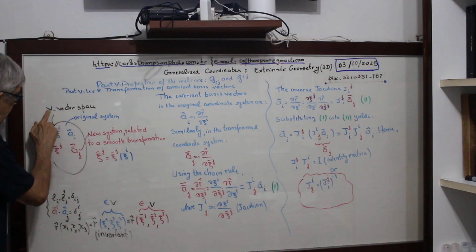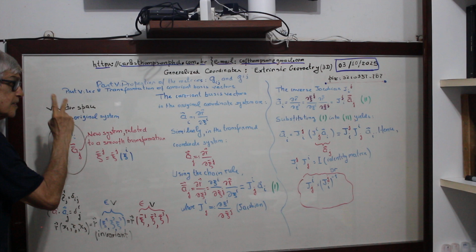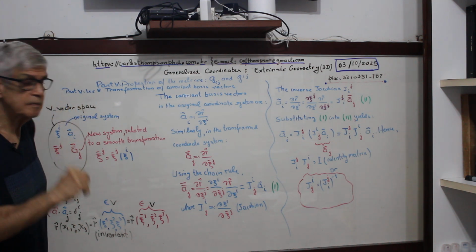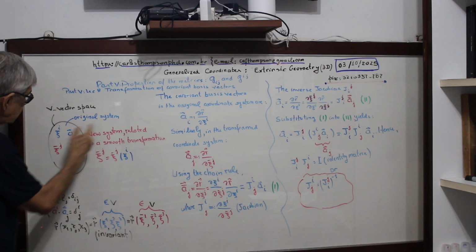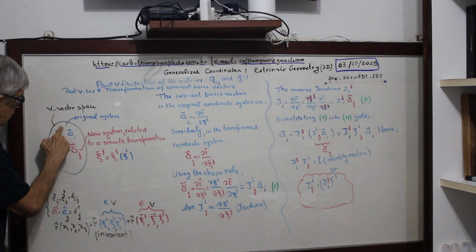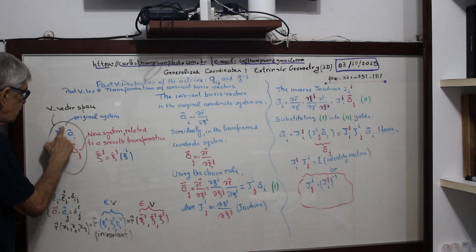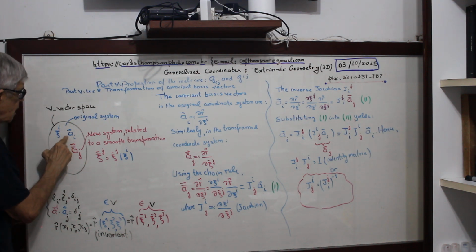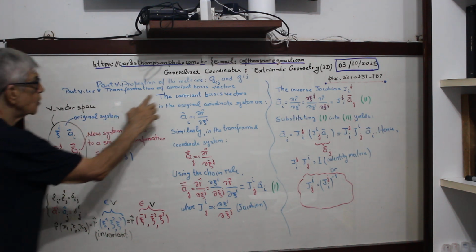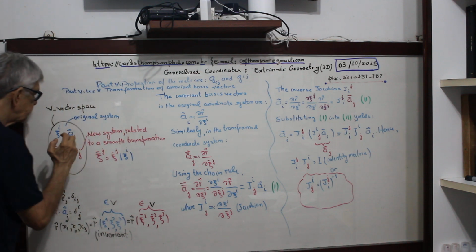You see, here I have the same vector space for what I call the original system. This is Ci, you see, upper indices, contravariant, and this is a basis vector, the covariant basis vector.